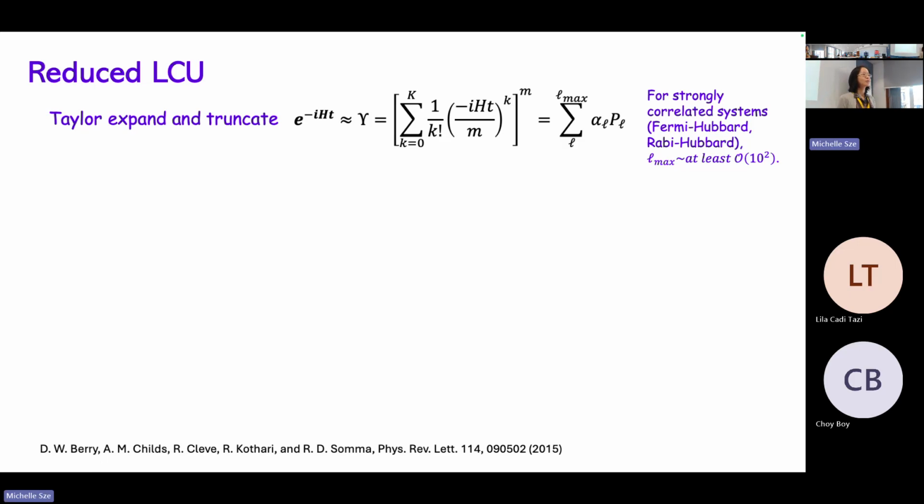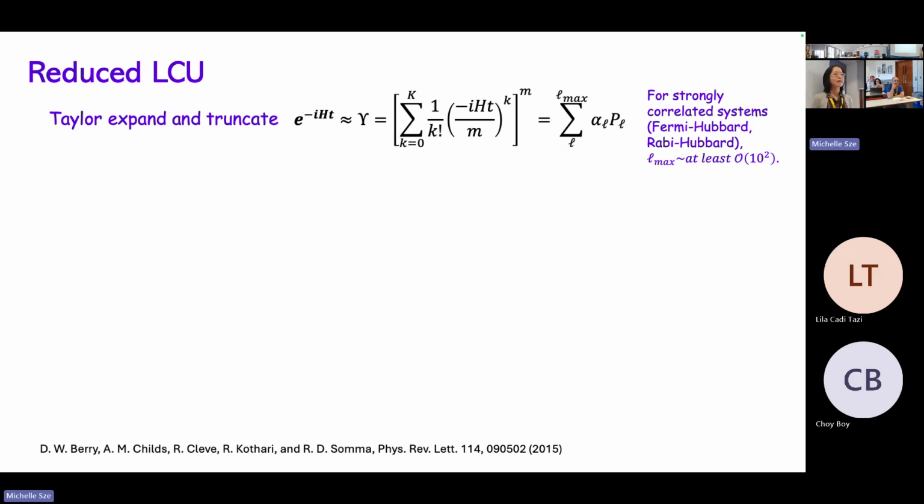So at the end, we only have a single LCU representation for this time evolution operator, to make things simpler to implement. So you expand that Taylor expansion out all the way up to m as well. Correct. And that's probably going to be the largest term in there.